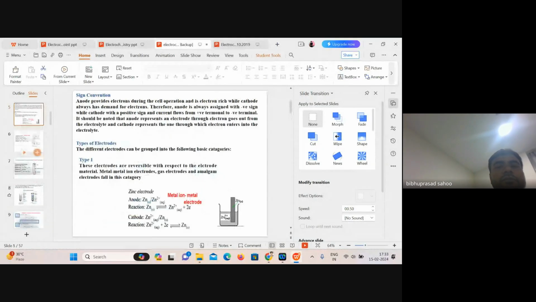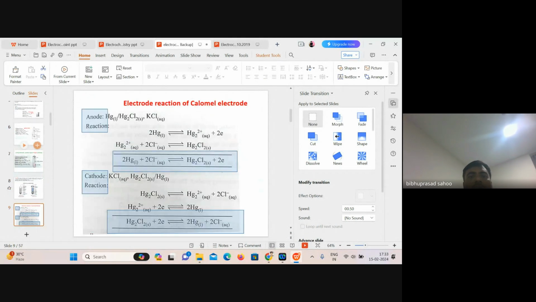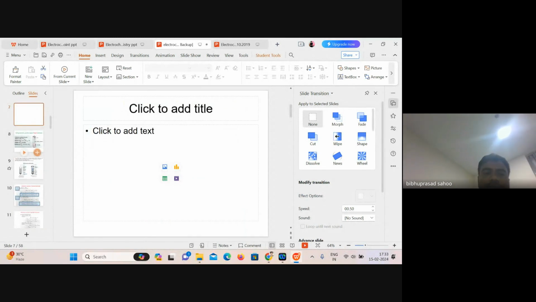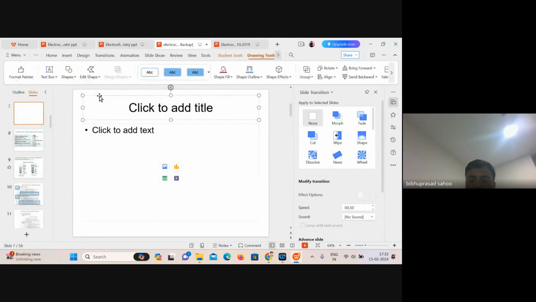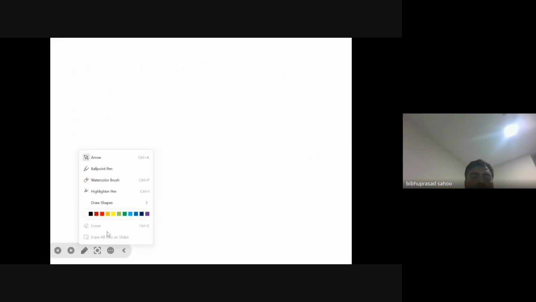Okay, now coming to type 2, you have the calomel electrode in your syllabus very much. So I want to teach you the calomel electrode.